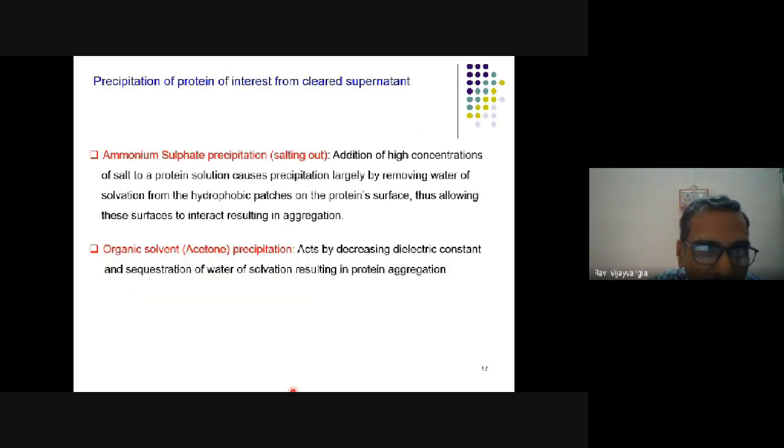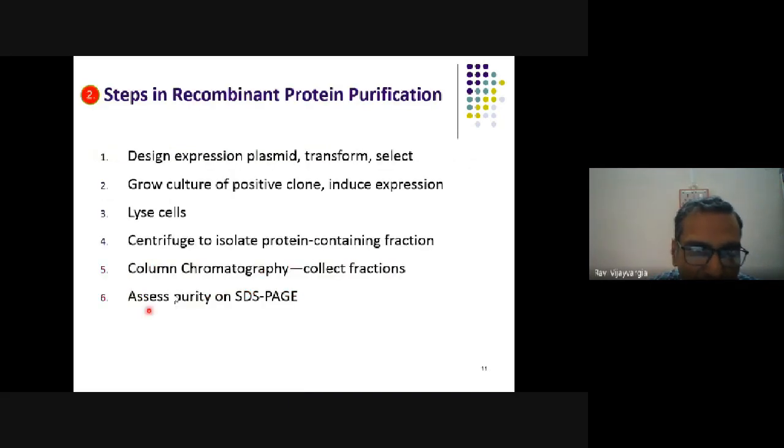Sometimes, before we move on to the chromatography technique, it is a good idea to get your sample concentrated in your protein of interest. After the cell lysate step, where you are centrifuging and getting a supernatant, the supernatant might still have hundreds of proteins in it, and your protein of interest is just one among those hundreds, or sometimes thousands, of proteins.